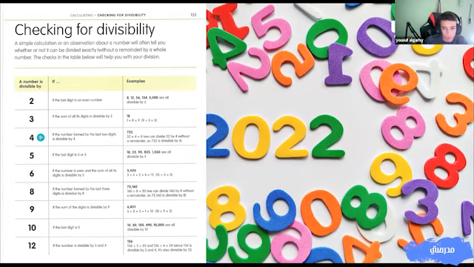So let's go to number 4 now. Okay? So if the number formed by the last 2 digits is divisible by 4. Okay? So let's use 732 as an example. The last 2 digits is 32. So forget the 7 is there. Just use 32. 32 divided by 4 equals, does anybody know what that equals?